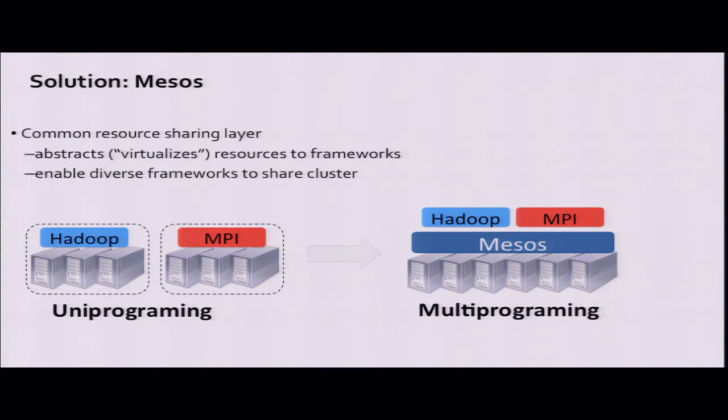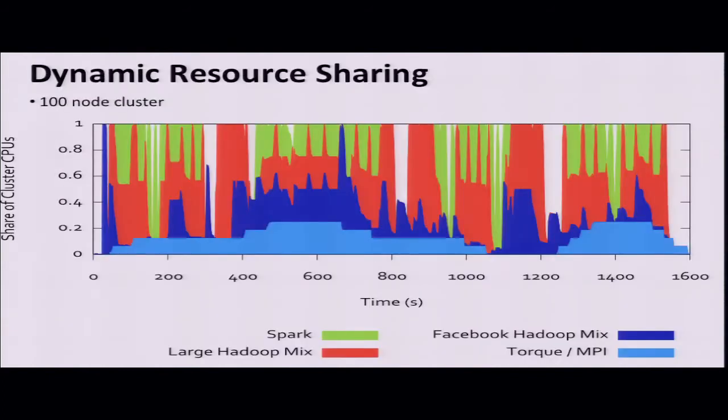So Mesos is a common resource sharing layer which abstracts away, or virtualizes, resources for frameworks. It also enables diverse frameworks to share clusters and provides isolation between frameworks. So here, just to give a sense of what Mesos achieves.